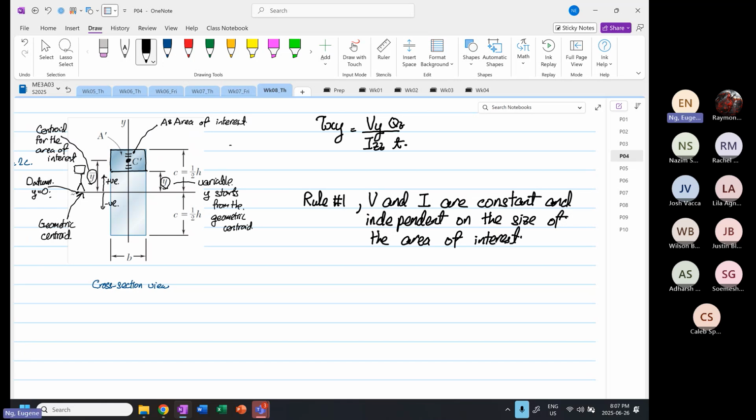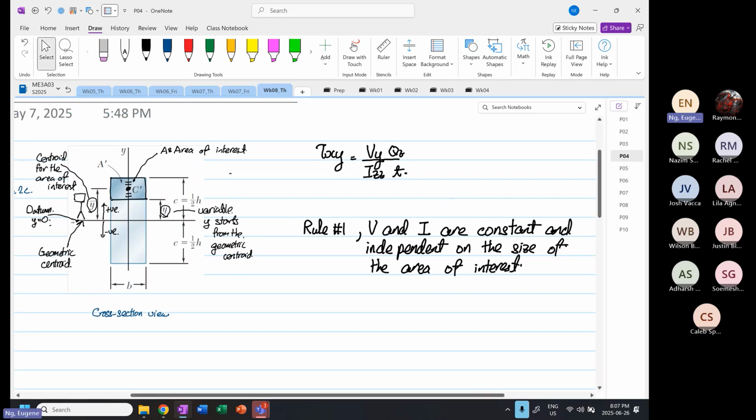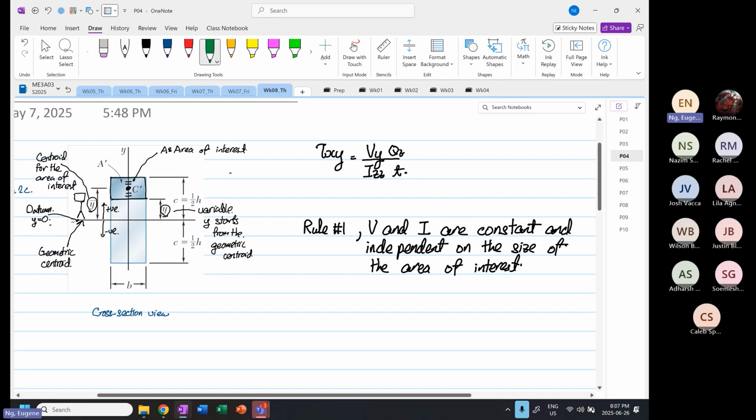So the first thing that you know now is Vy is constant and Izz is also a what? Also a constant, regardless of the area of interest.